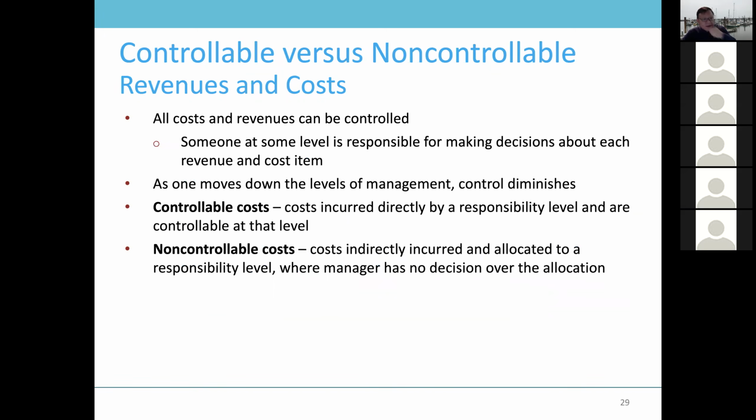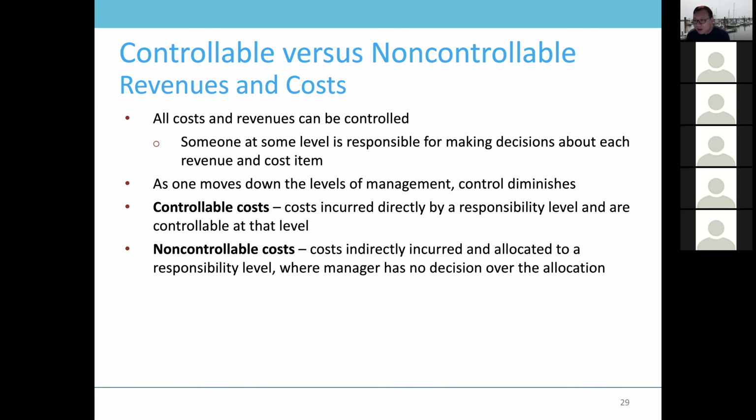Okay, so controllable versus non-controllable revenues and costs. A controllable cost is a cost incurred directly by a responsibility level, so it is controllable at that level.